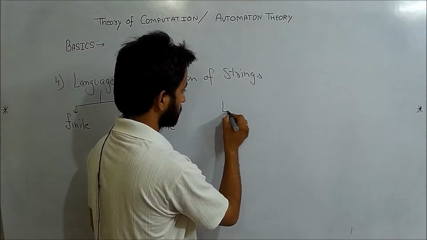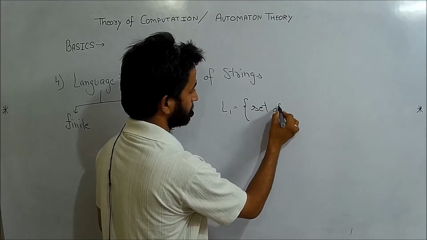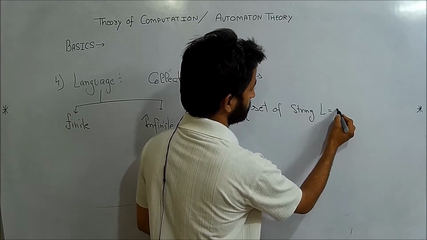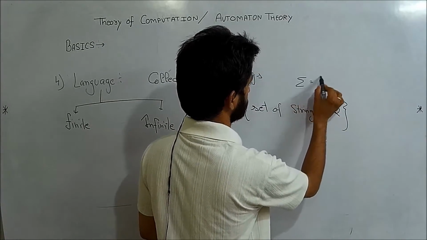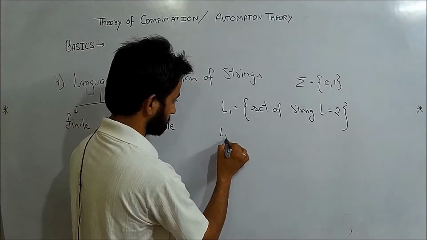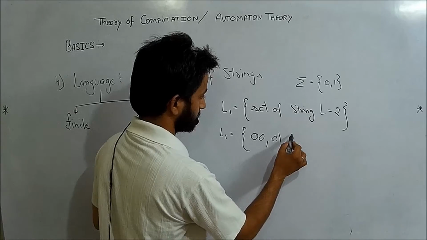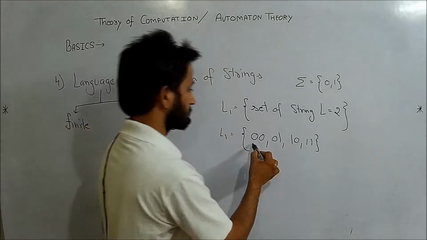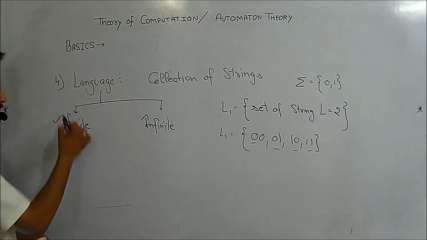If I have language L1, the set of strings of length 2, and the alphabet is 0 and 1, then L1 will be 00, 01, 10, 11. Here the possible strings are finite, so this is a case of finite language.